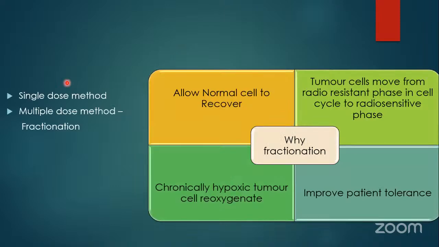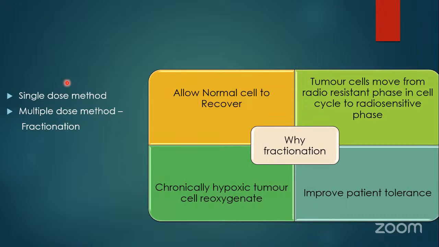So these are the factors that determine the dose of your radiotherapy. Okay, so why do we have to fractionate, why do we have to administer the entire dosage in fractions? For four main reasons. First thing is, when you fractionate and give, you're allowing the normal cells to recover. For example, you give radiation for 3 days in a week, and then you give a break. After that, again you give treatment for the next 2 days, and then again a break.